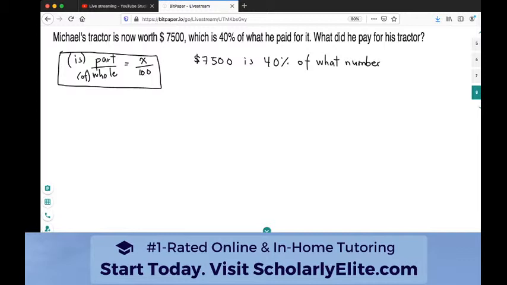Well, we've been doing a lot of problems like this, so we can definitely apply this to what we want. So again, we need to first isolate and determine what each thing means. So 7,500 is the part, because it's part of what the whole amount was in the beginning. And 40% is my percentage, obviously. So let's plug that in. Let's rewrite the equation actually.